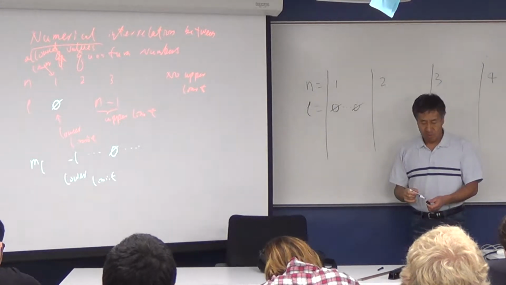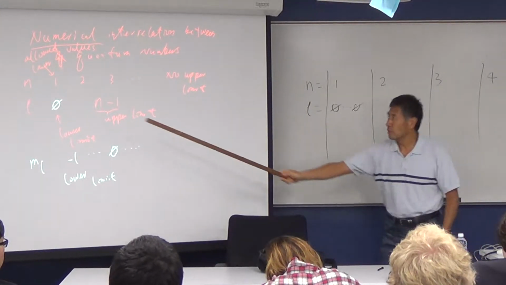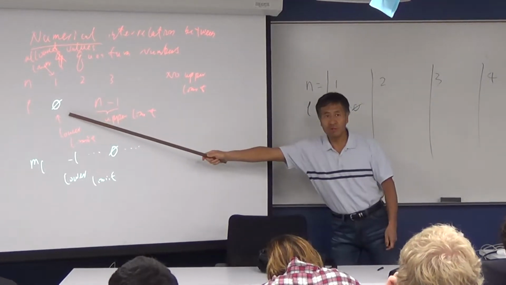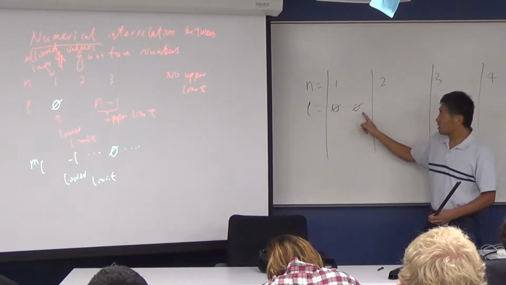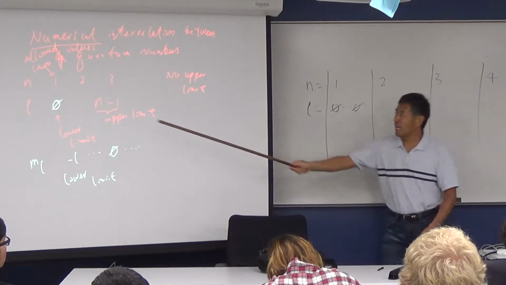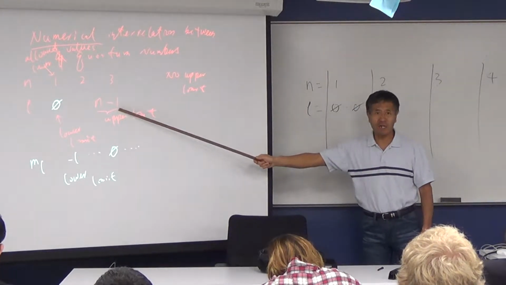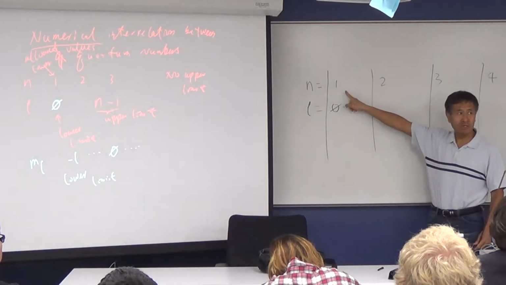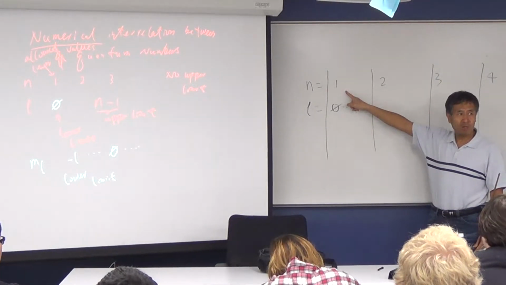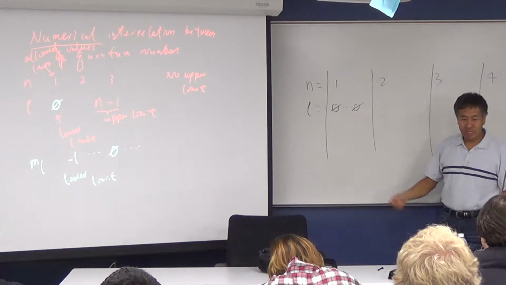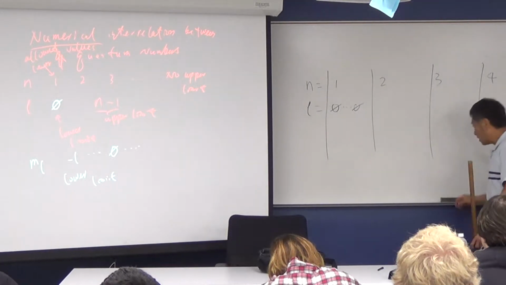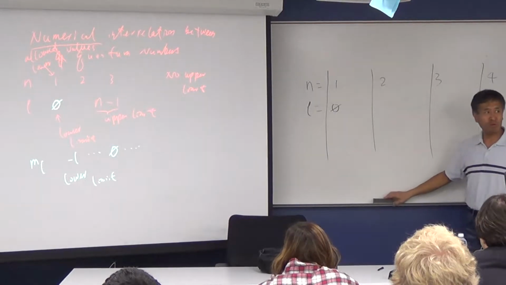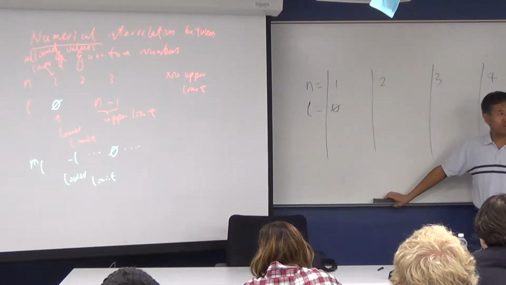This 0 comes from n subtracting 1, which is also 0, because n is equal to 1. You don't have to repeat the zeros, so it becomes only one number for L.